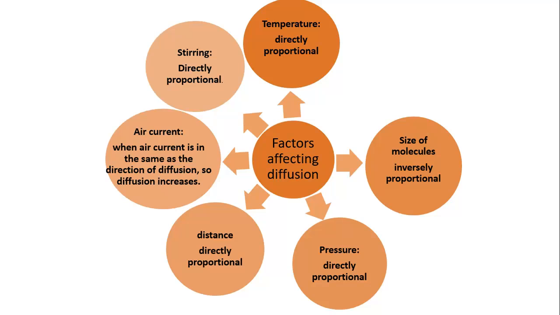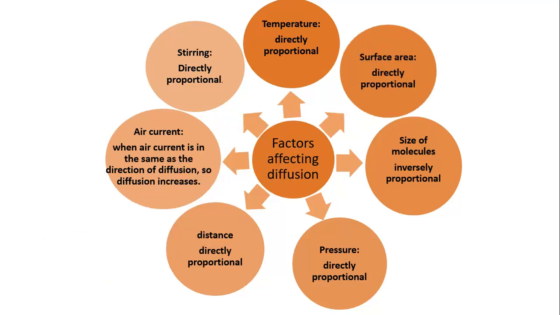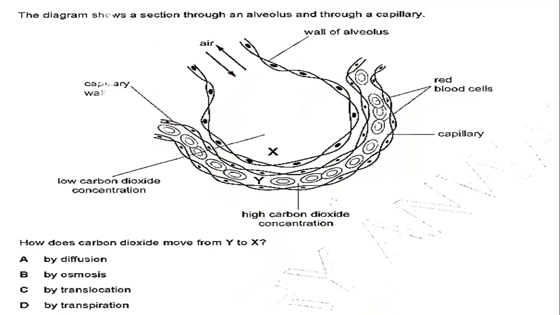It's gonna be harder for it to push through and pass to the other side, even if it's moving from the high to the low concentration. So when the size increases, the diffusion rate decreases. Then finally, the surface area. The more surface area you provide, the faster the diffusion will be.